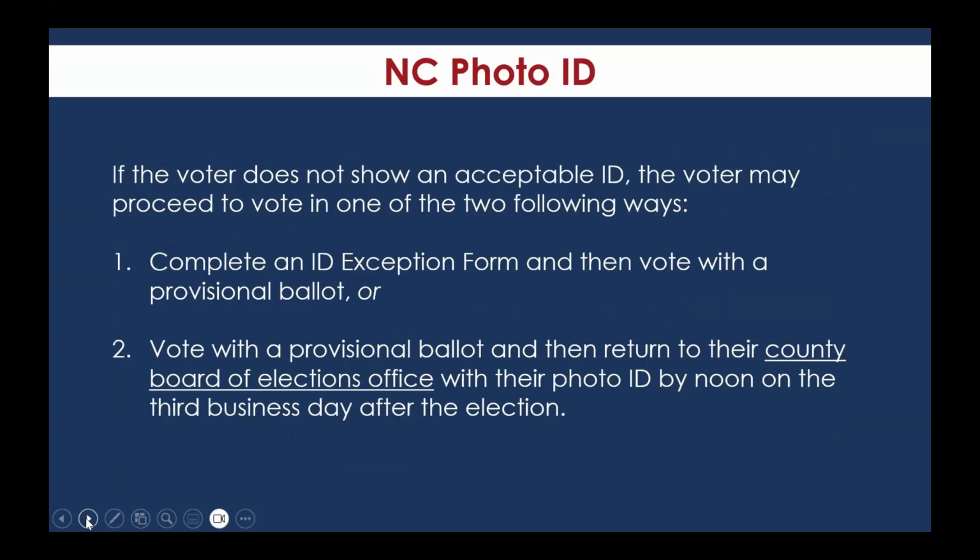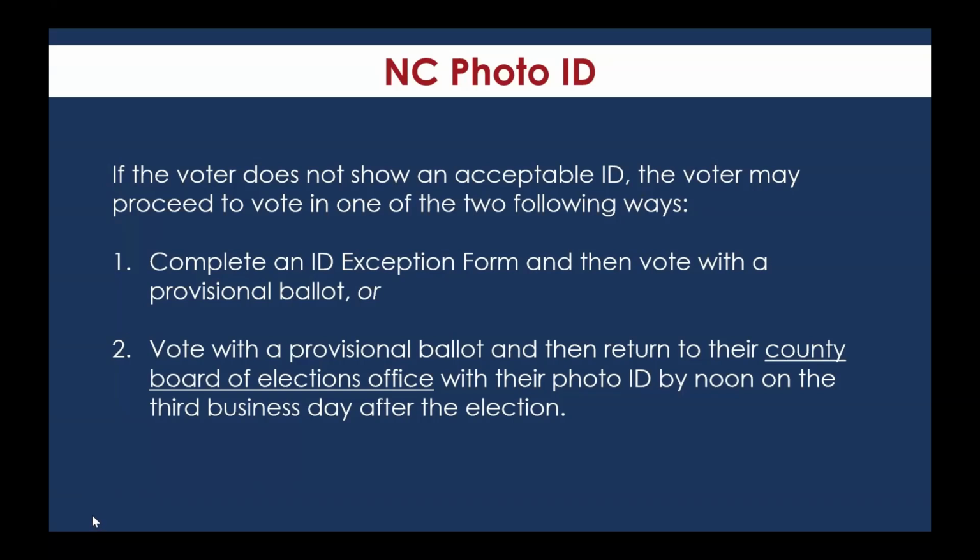Now, keep in mind, there are options for voters who do not have an ID that they are able to present when they vote. If the voter does not have an acceptable ID, they may complete an ID exception form and then vote with a provisional ballot, or they may vote with a provisional ballot and then return to their County Board of Elections office, not before Election Day, but by noon on the third business day after the election to confirm their identity that way.